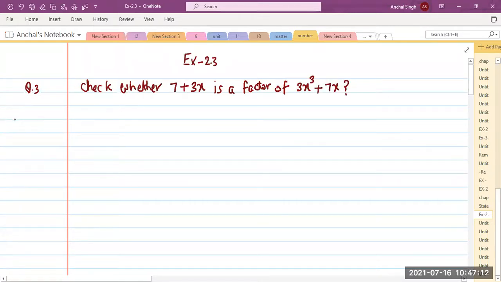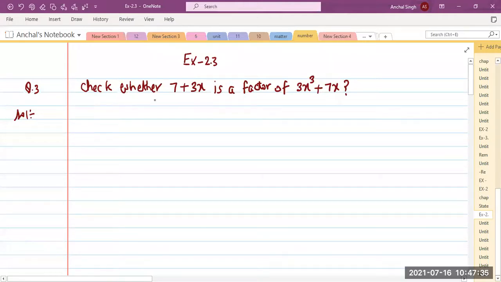I'm writing the solution. Okay. See what I've told you, that whether a question is based on remainder theorem or factor theorem, the first necessary thing that we have to do is to equate the divisor equal to 0. First, whatever divisor has been given over here, first equate that equal to 0.